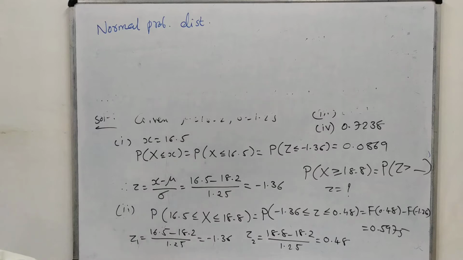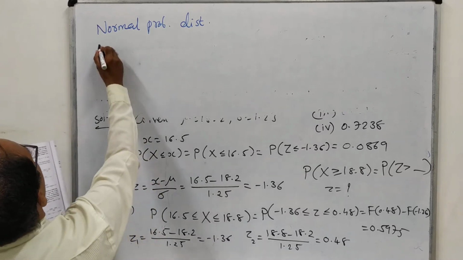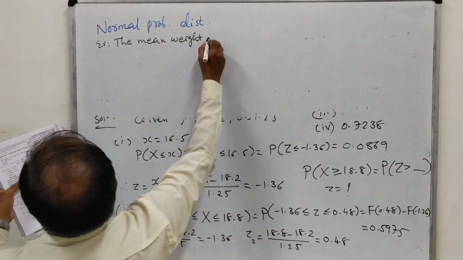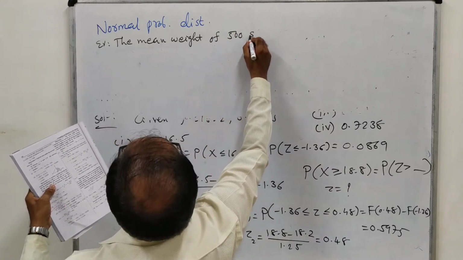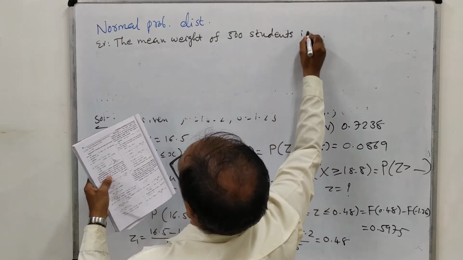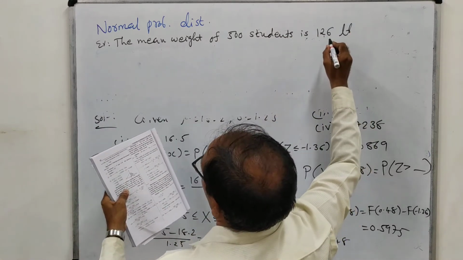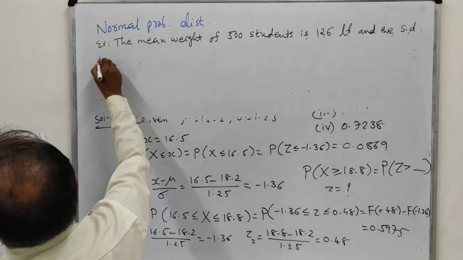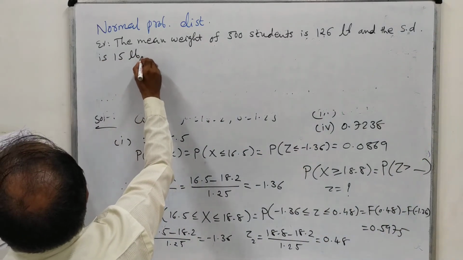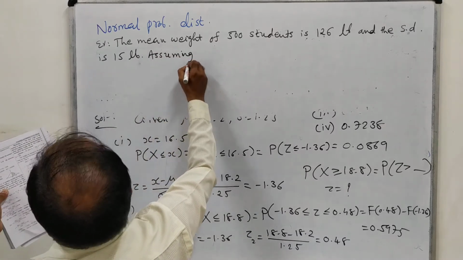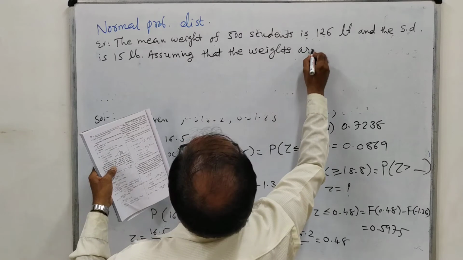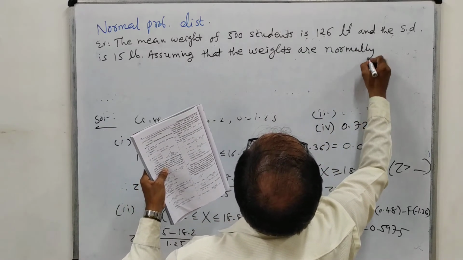The mean weight of 500 students is 126 pound, and the standard deviation is 15 pound, assuming that the weights are normally distributed.